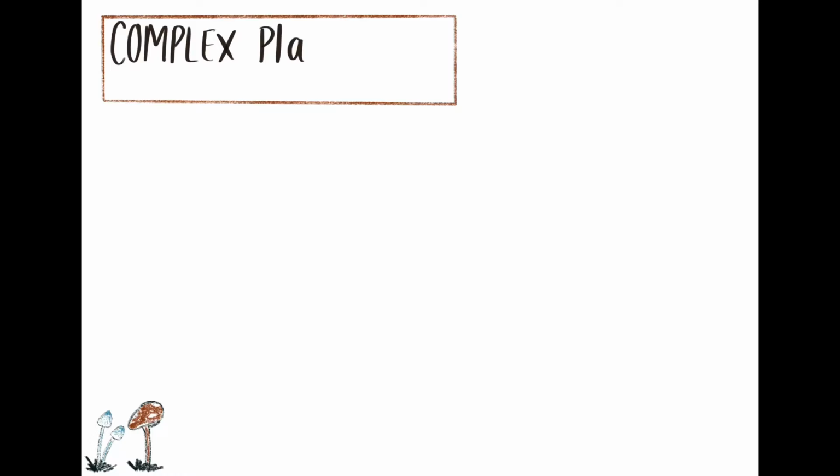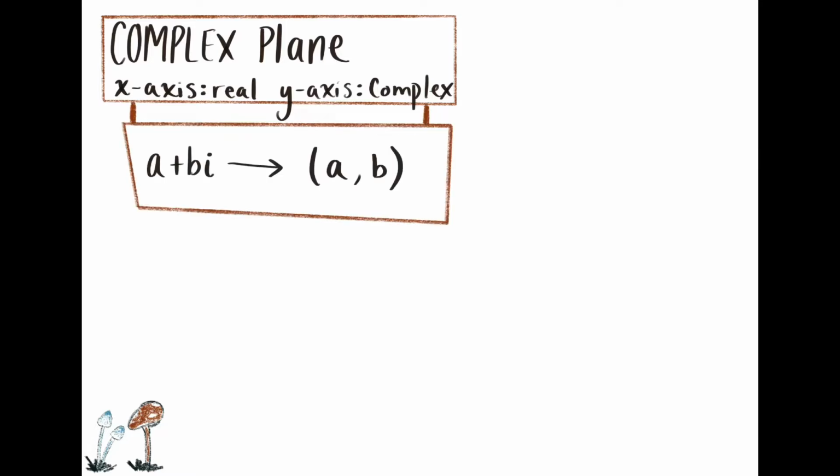So first, we're going to start by defining what the complex plane is. For the complex plane, the x-axis is the real axis and the y-axis is the complex or the imaginary part. So if you have a complex number like a plus bi, it's going to look like a coordinate point, a comma b.